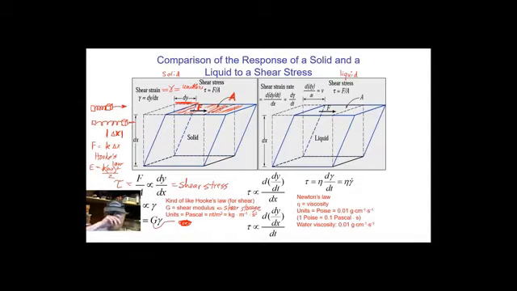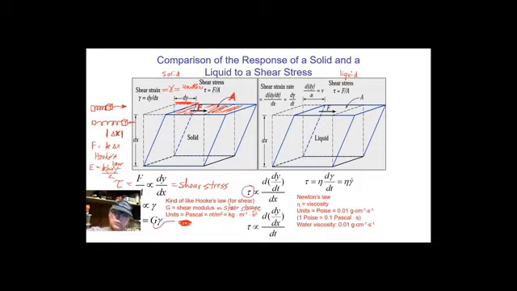It doesn't snap back. So in this case, the force, again normalized by area, tau, still force divided by area. In the case of the liquid, it's not proportional to the strain, it's proportional to the rate of strain. It's proportional to that pushing of the liquid, displacing it, per unit time.